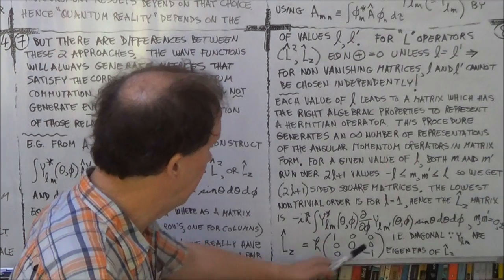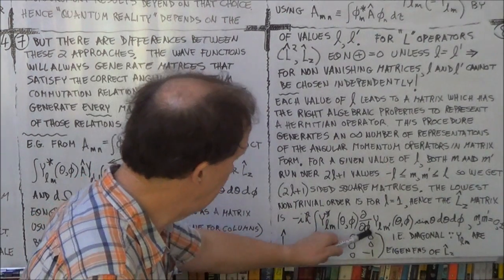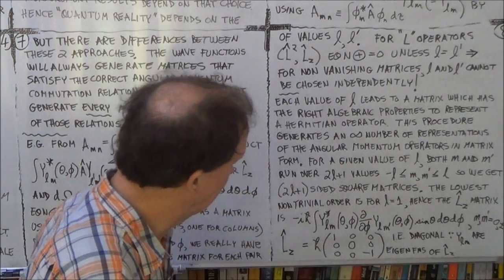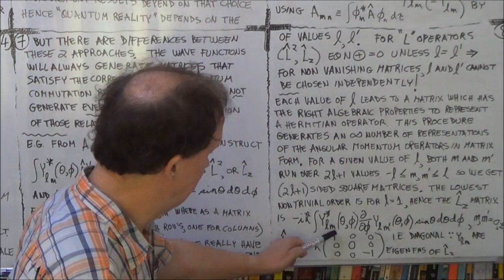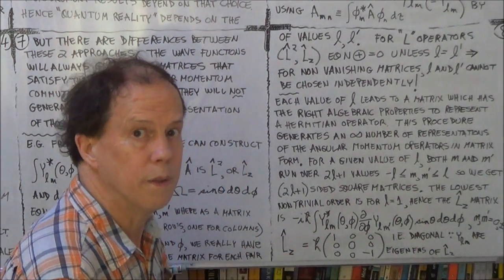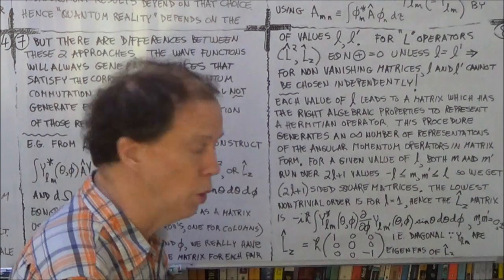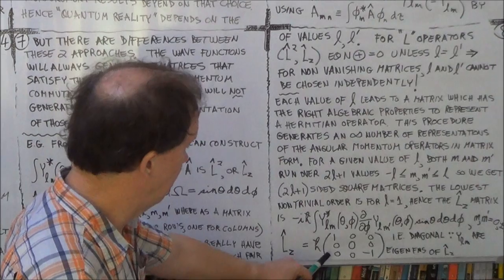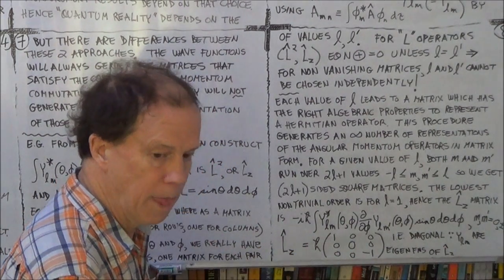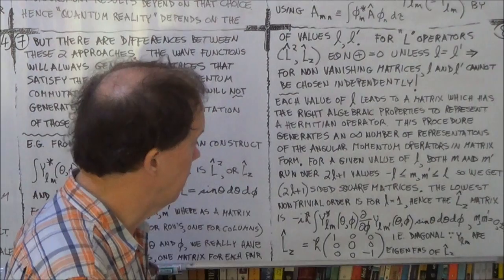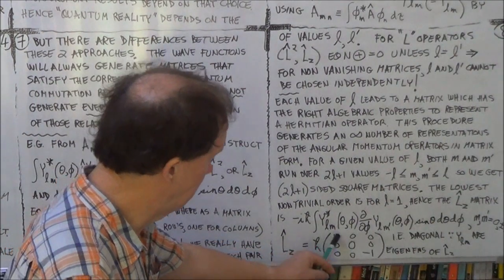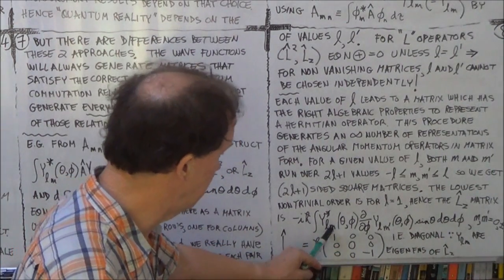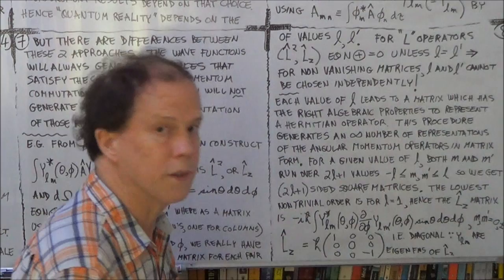And because these spherical harmonics are orthonormal, you expect to get diagonal values. So here is a matrix representation for L equals 1. It's a 3 by 3 matrix with diagonal elements, and off-diagonal terms are 0.